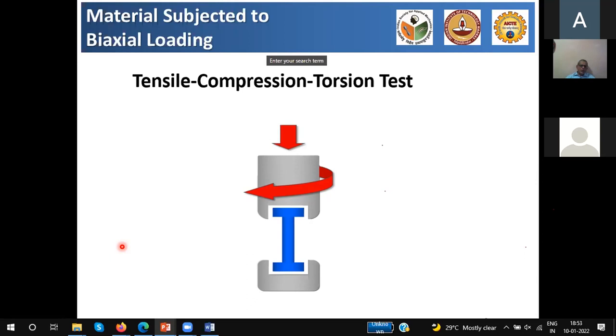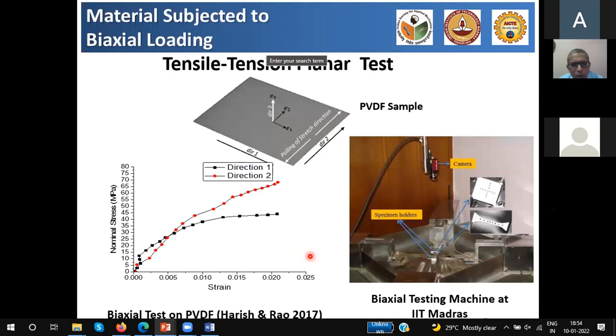So multi-axial tests have been developed in the recent past. They are of two different types. You can have tension or compression combined with torsion, which deals with a multi-axial state of loading, or you can have a biaxial testing apparatus, which is of the following type, where you have testing in two axes which are in plane.